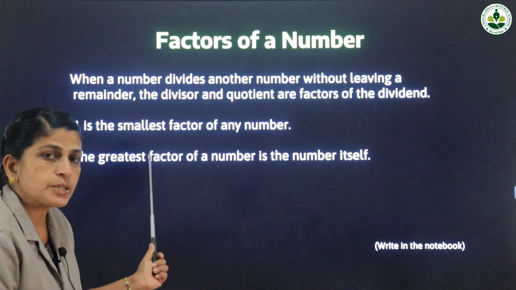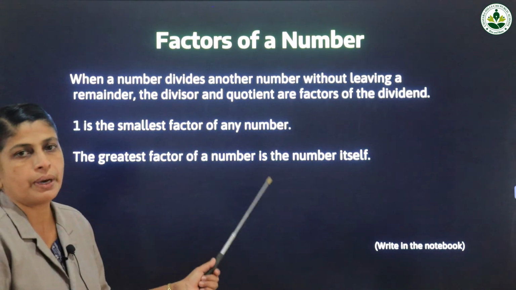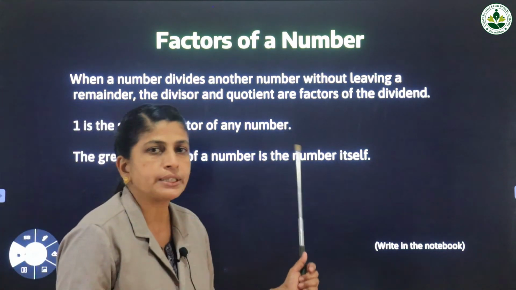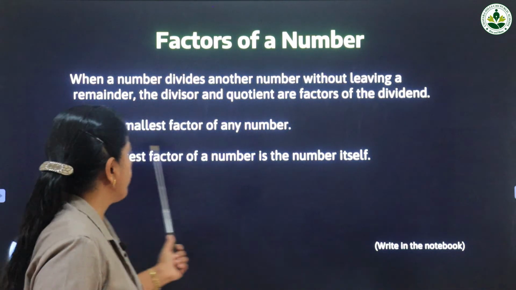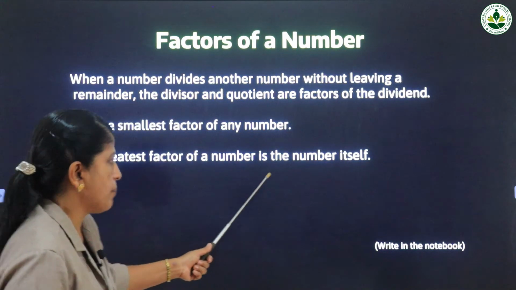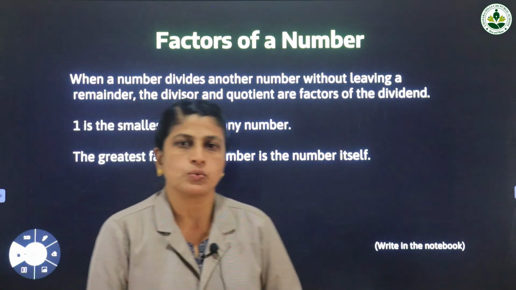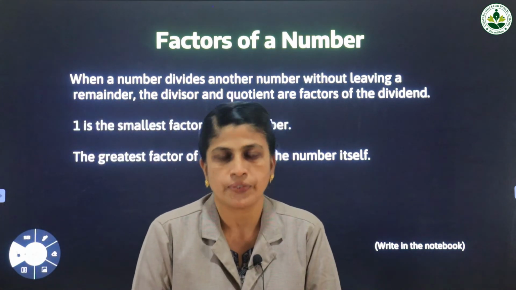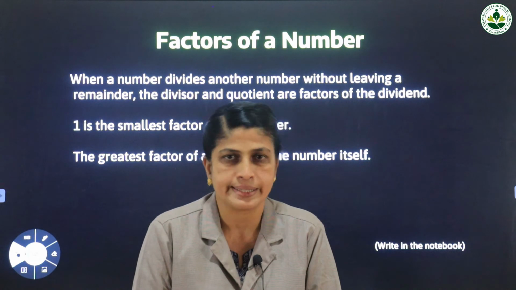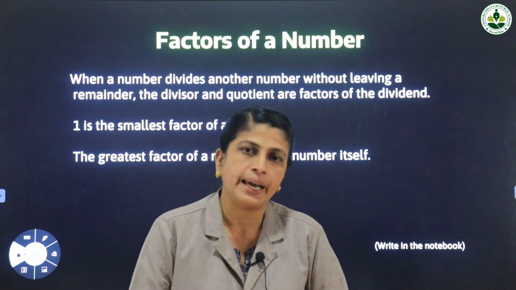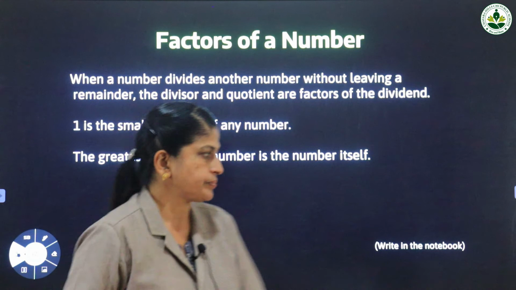Then 1 is the smallest factor of any number, and the greatest factor of a number is the number itself. And there are a finite number of factors.